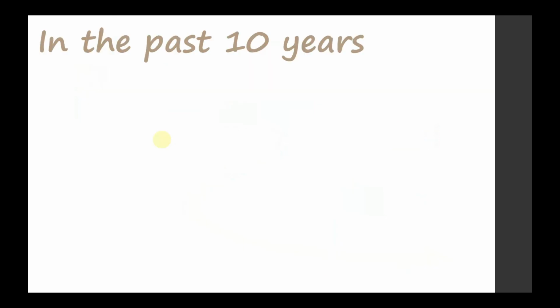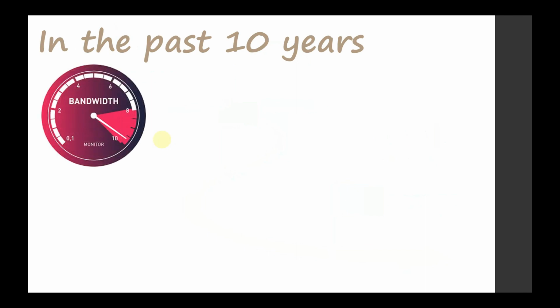However, we all know that Snort is a technique to help with network security, mainly focused on software. But in the past 10 years, the bandwidth of our network has been growing rapidly.